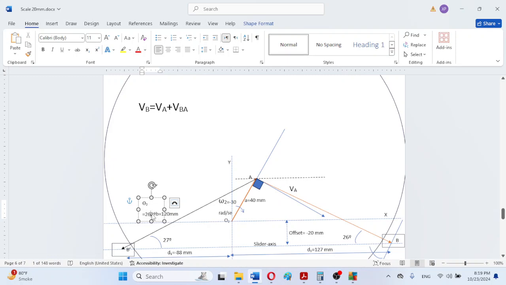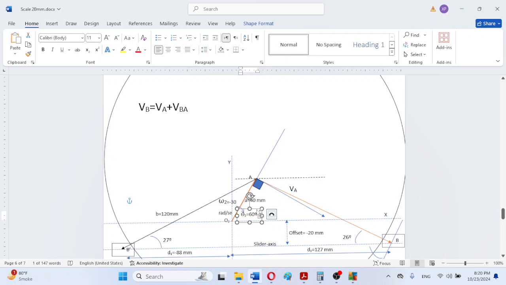So theta 2 here is 60 degrees, so this other angle is 30 degrees.